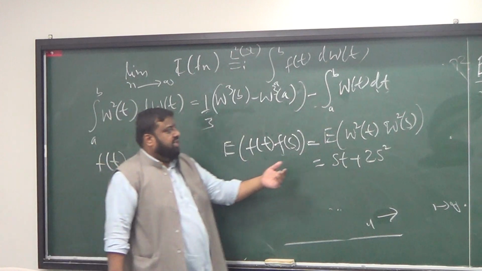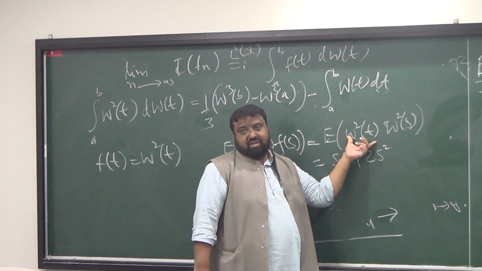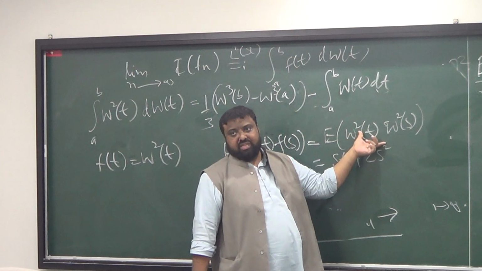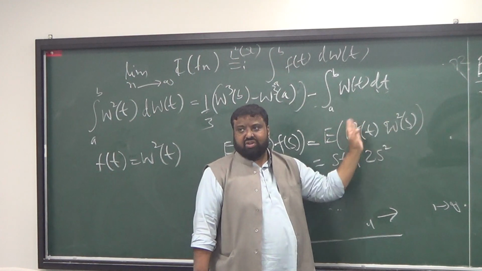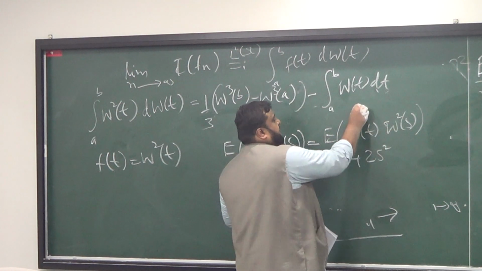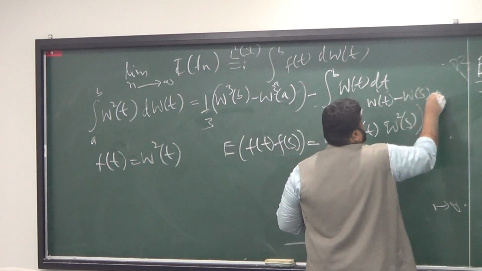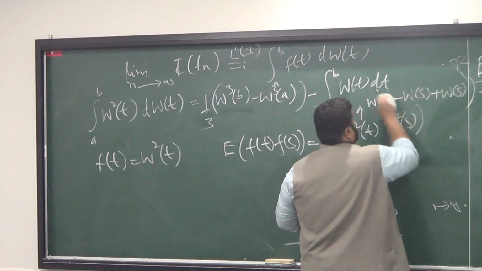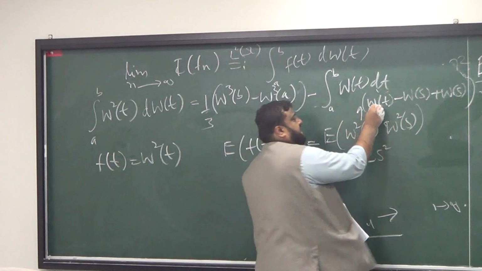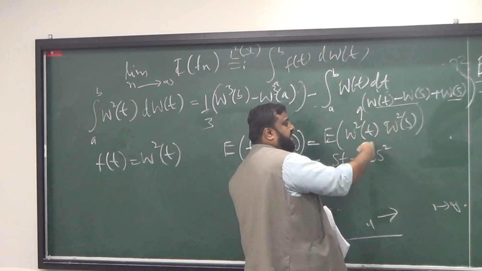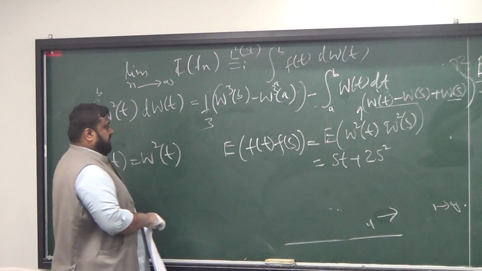The real trick is that in this w square t, add and subtract ws, minus ws and plus ws, and then split the square. In other words, write this as w of t minus w of s plus w of s, squared. Then treat these as single quantities, simplify, and you will see that you get this. That's a hint for you.